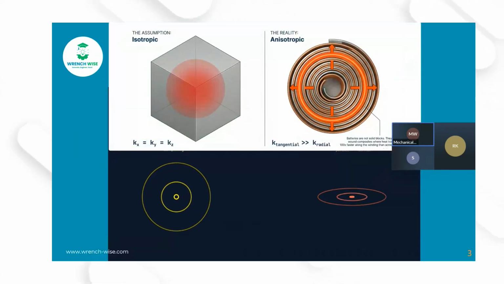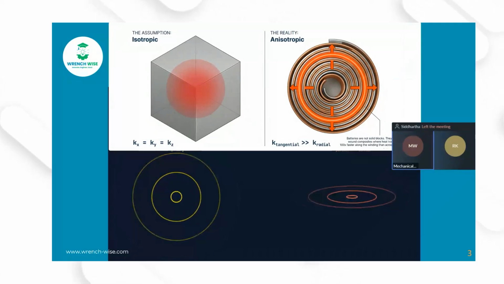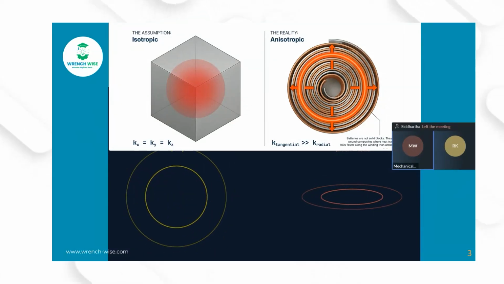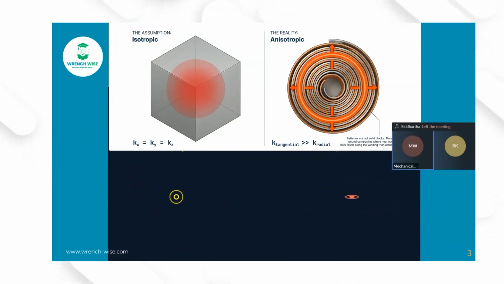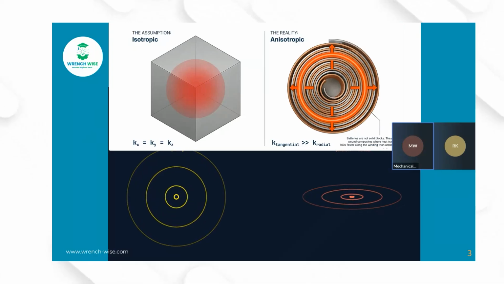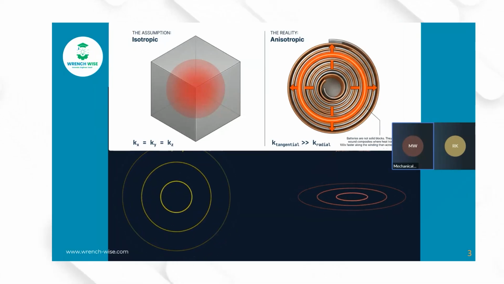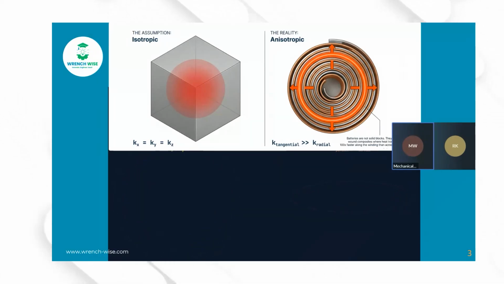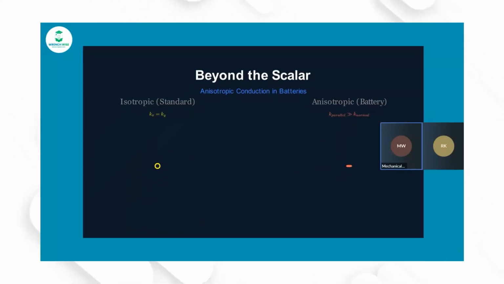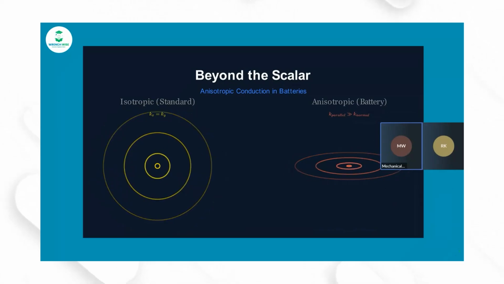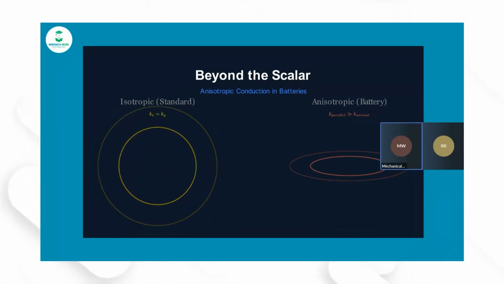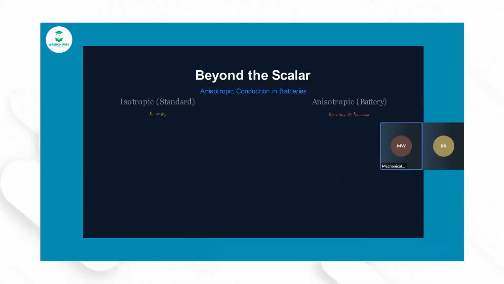Today we will talk about this topic itself. We will try and understand how we move beyond this particular scalar. We're talking about understanding how isotropic works versus how anisotropic works. In standard terms, isotropic essentially means that the conduction is the same in all directions.